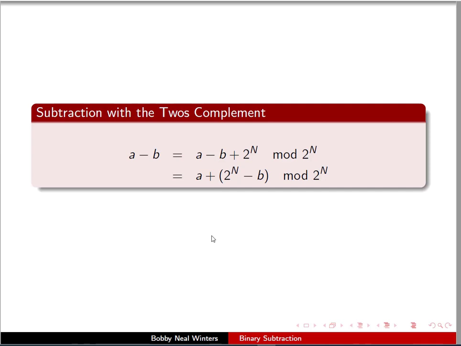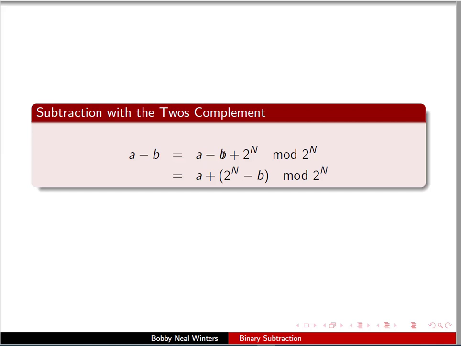Now we want the twos complement because we're going to be using it to do subtraction. Let's start out saying we have these two binary numbers, a and b, and I'm going to say a minus b. Let's get just a little bit mathematically sophisticated.